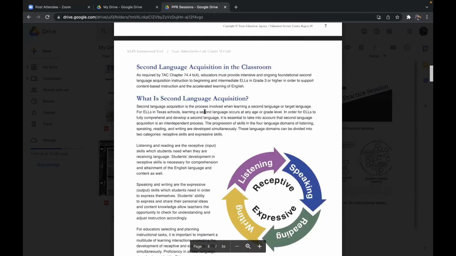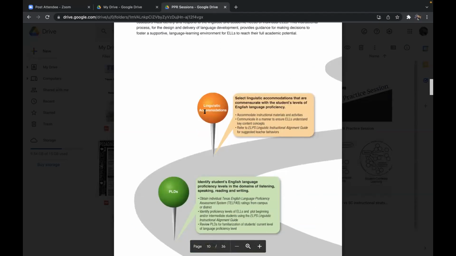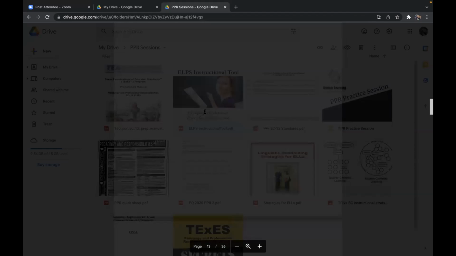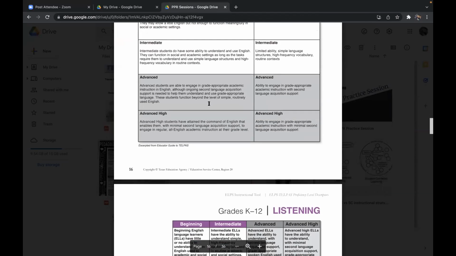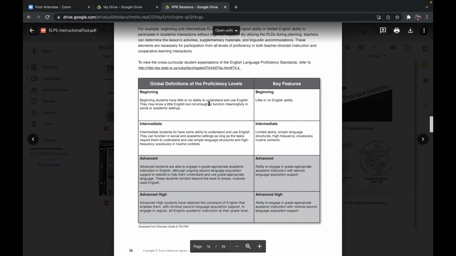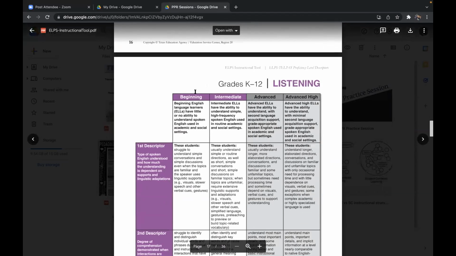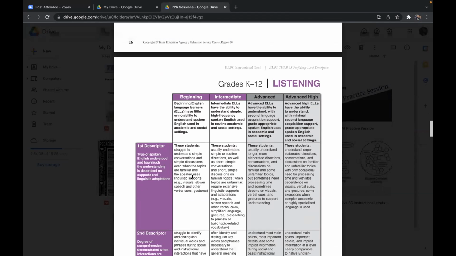Well, I recommend this. So we know that, and here's the descriptors here. And they tell you, it doesn't go by grade level. So you can be a kindergartner and you could be a beginner, and you would behave the same way. When a kindergartner beginner comes to the class, they don't have even the social language, which the technical term is called BICS, basic interpersonal communication skills.